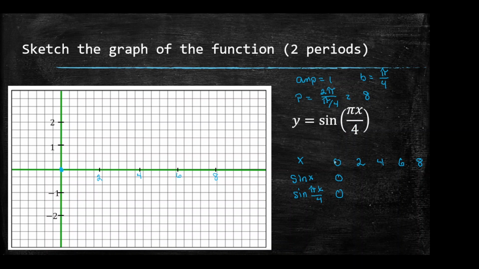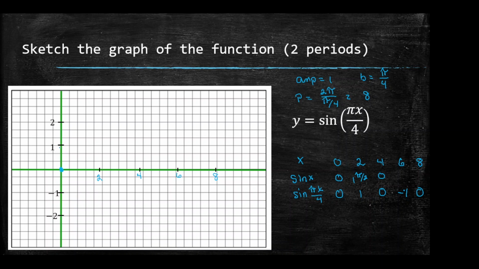Well, we know that at pi over 2, sine equals 1. And so in this case, my sine value is going to equal 1. At 4, it's just pi again, right? And sine of pi is 0. And this is back to negative 1, and then back to 0 again.